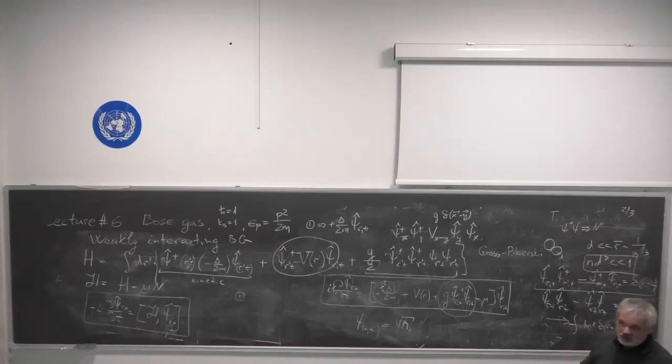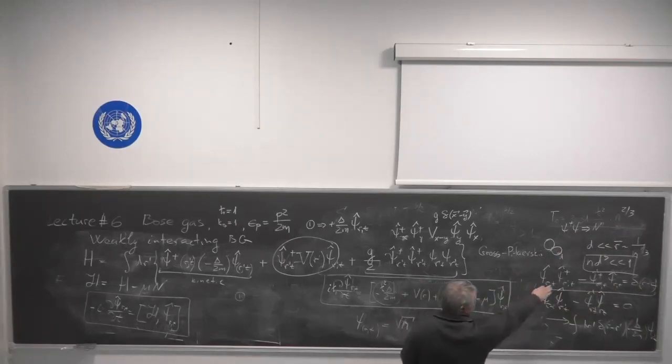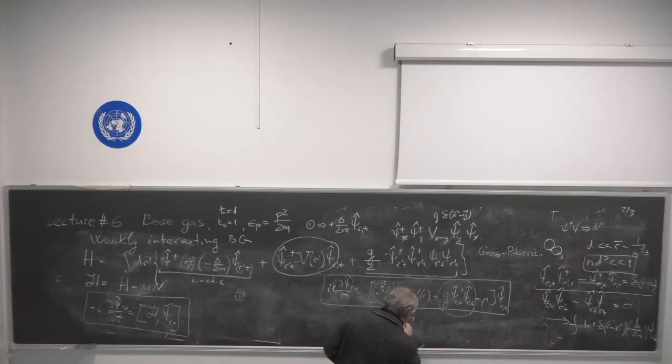N node is a macroscopic number, 10 to the power 23. I don't discriminate between 10 to the power 23 plus 1 and 10 to the power 23. So if I plug in the square root of n node, I will get, first of all, with accuracy up to 10 to the power 23, square root of n node here.